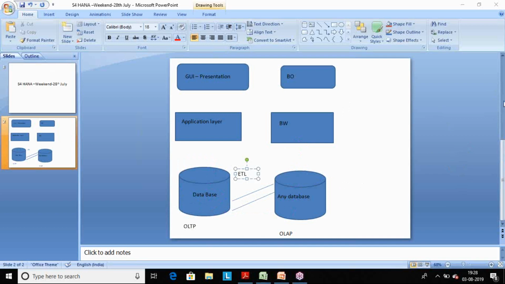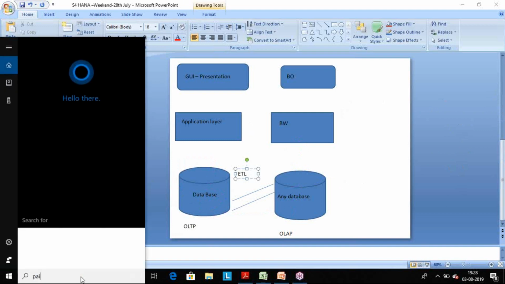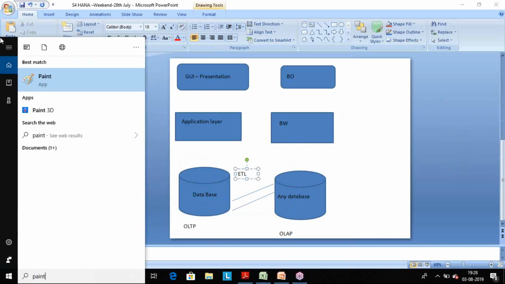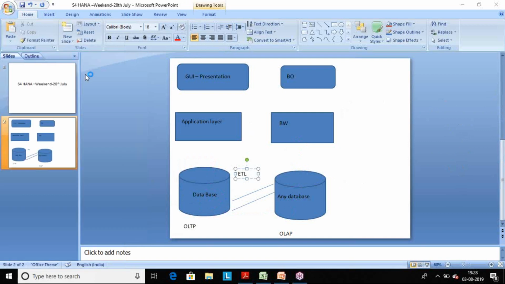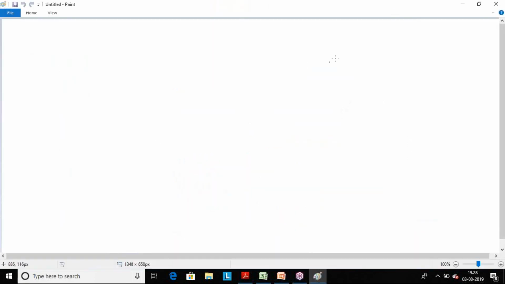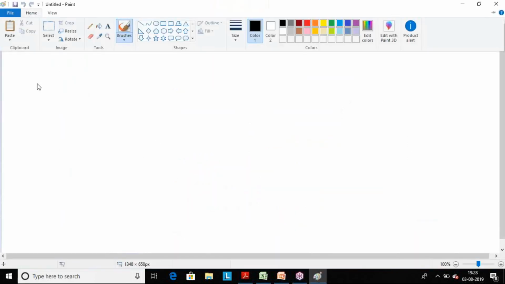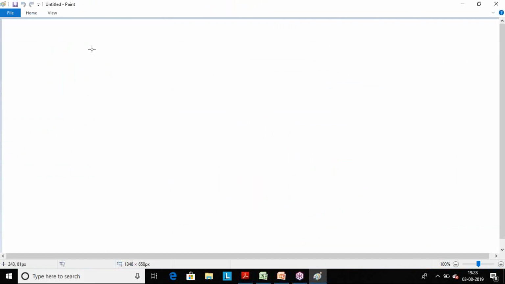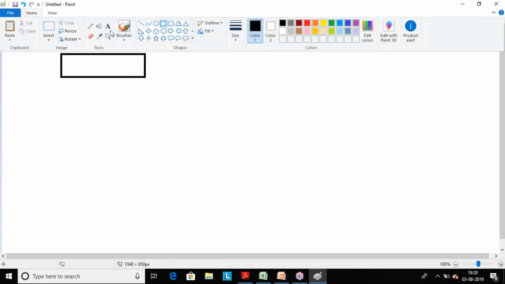We will take a simple example of your laptop, then I will come back to here. If you check, the hardware part of your laptop is divided into 3 segments. One is your processing unit.